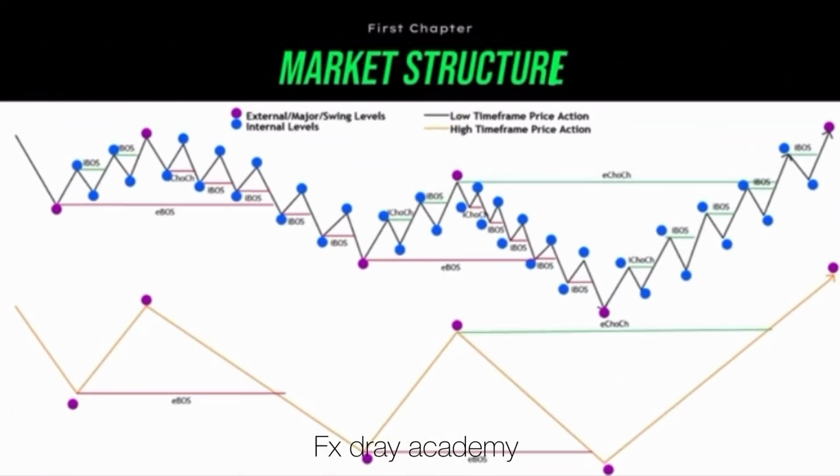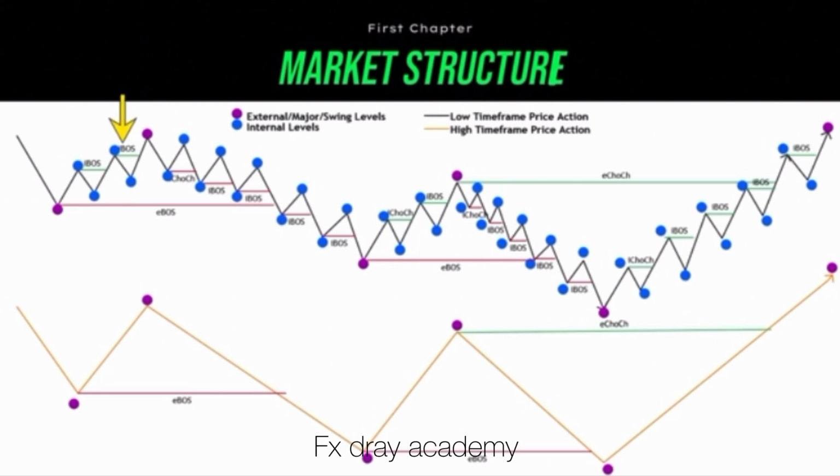Internally, now we are having change of characters, and also here is how you can understand your market structure. The one I marked with the yellow line, that one particularly is the external structure. External structure, market has been breaking lows, pull back, break lows, pull back, and here we had a change of character.